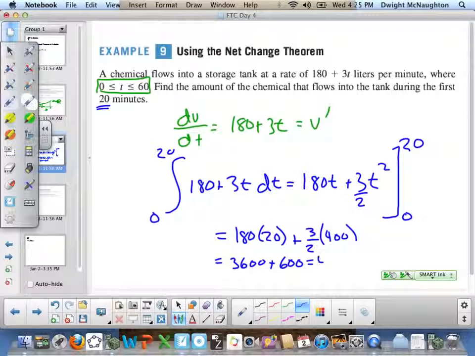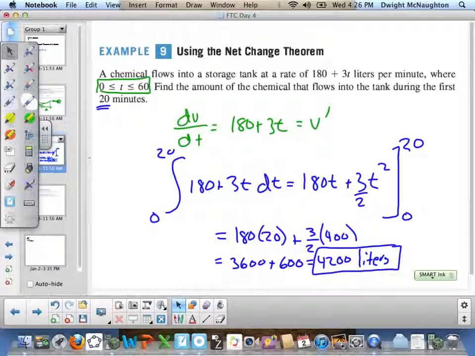So that's 4,200 liters. So the net change in 20 minutes, there are an additional 4,200 liters of that chemical in the storage tank.